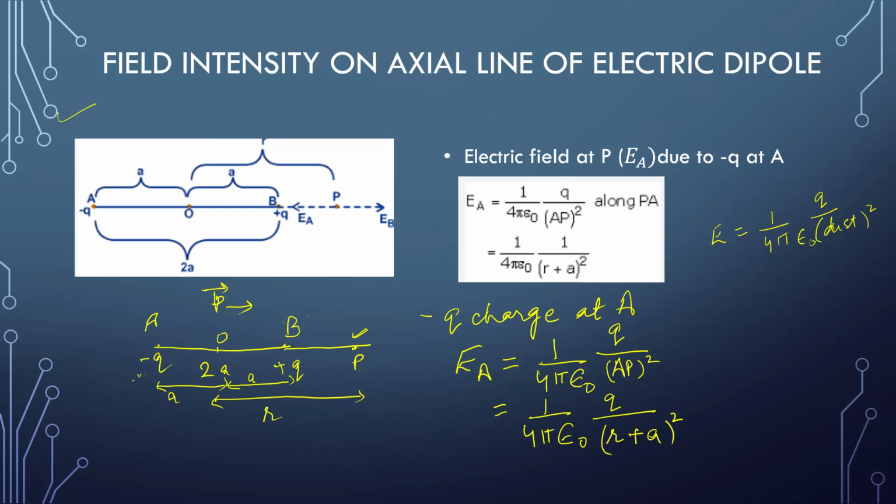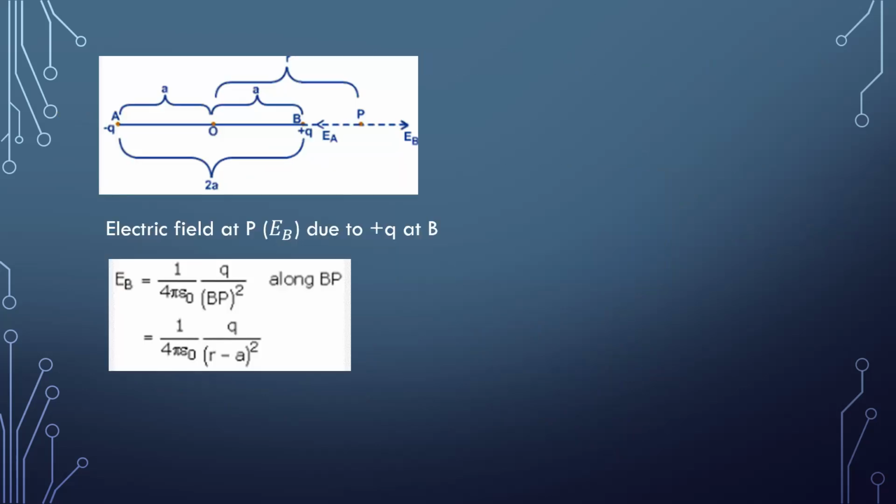So a unit positive charge q naught, let us say, is at the point P, and this is minus Q charge. So there will be a force of attraction. So the field EA will be directed towards the charge minus Q. So EA will be along PA, as you can see over here.